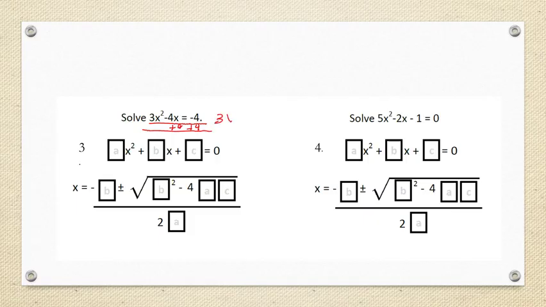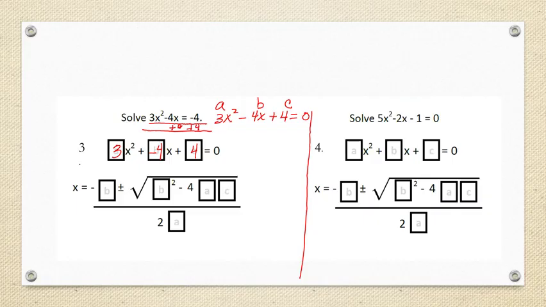So it will be 3x squared minus 4x plus 4 equals 0, okay? We need to make sure that we put it in standard form before we determine our A, B, and C. So our A is going to be 3, our B is -4, and our C is 4.